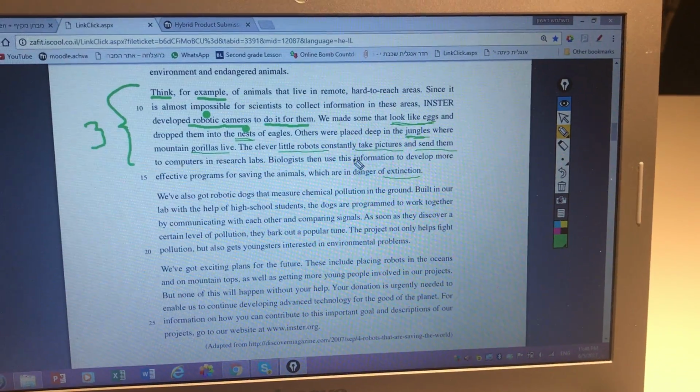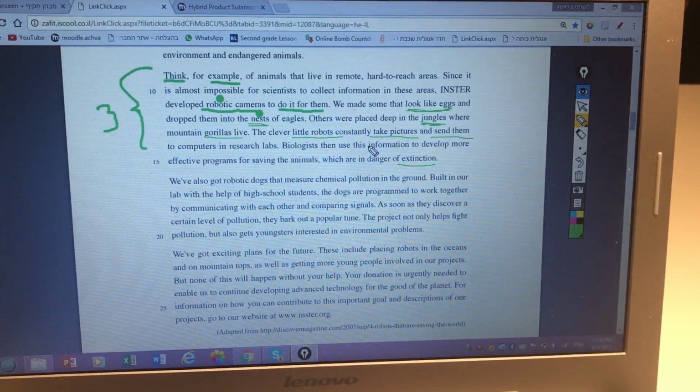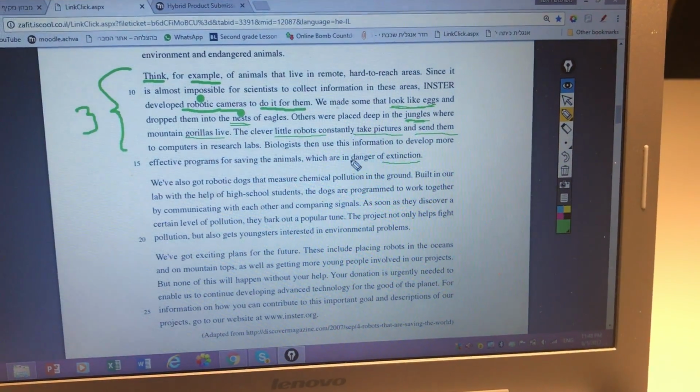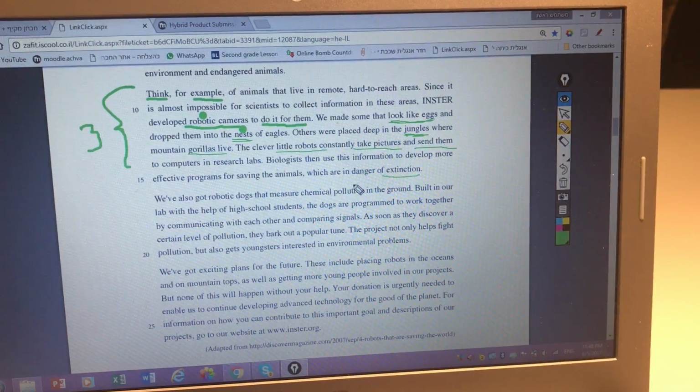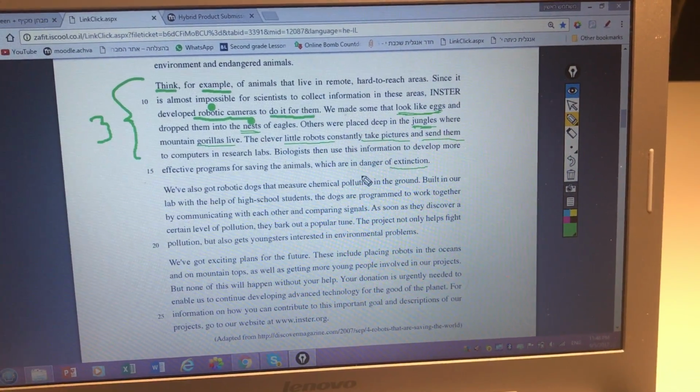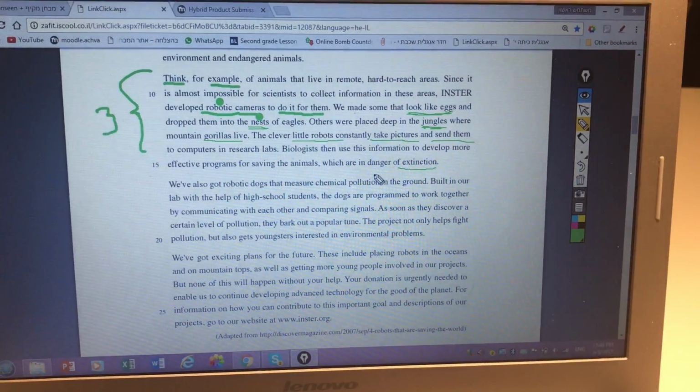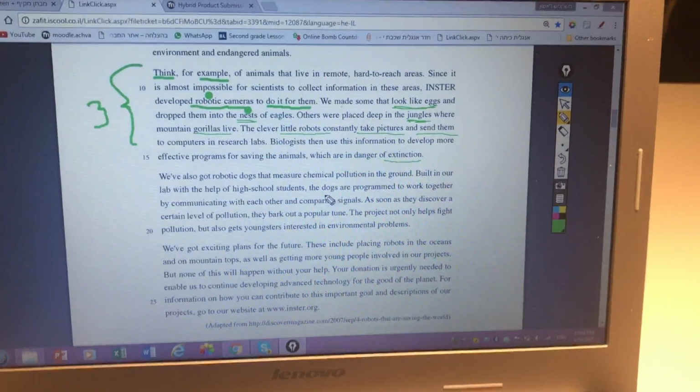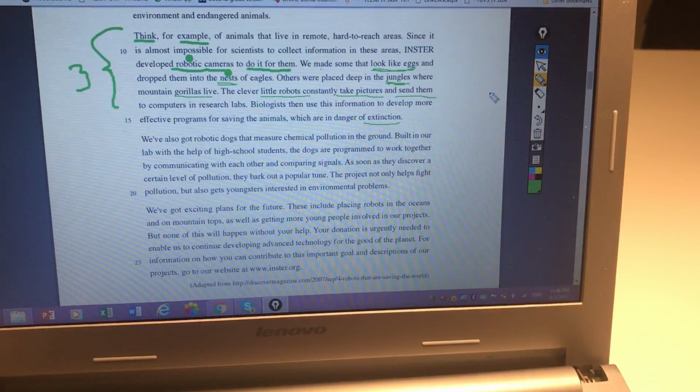This is live information from robots that are in different shapes, different sizes, and are able to provide live information via the new technology.